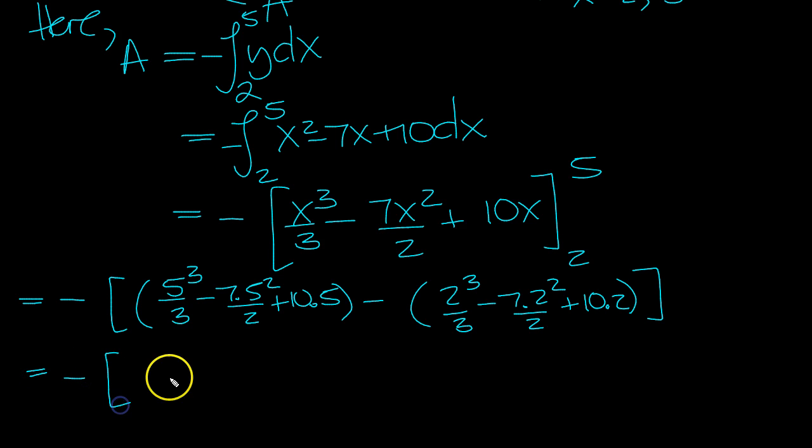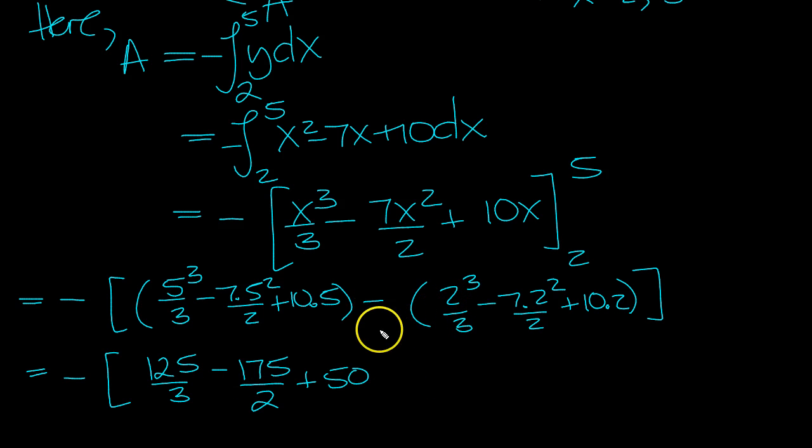So minus bracket 125 over 3 minus 25 times 7, which is 175, over 2, plus 50. Tap these numbers in the calculator if you need to. Then 2 cubed is 8 over 3 with a minus. I'm running the minus through: minus 8 thirds. Minus and a minus is a plus. One of the 2's cancels, we get 14, 7 2's, and minus 20.